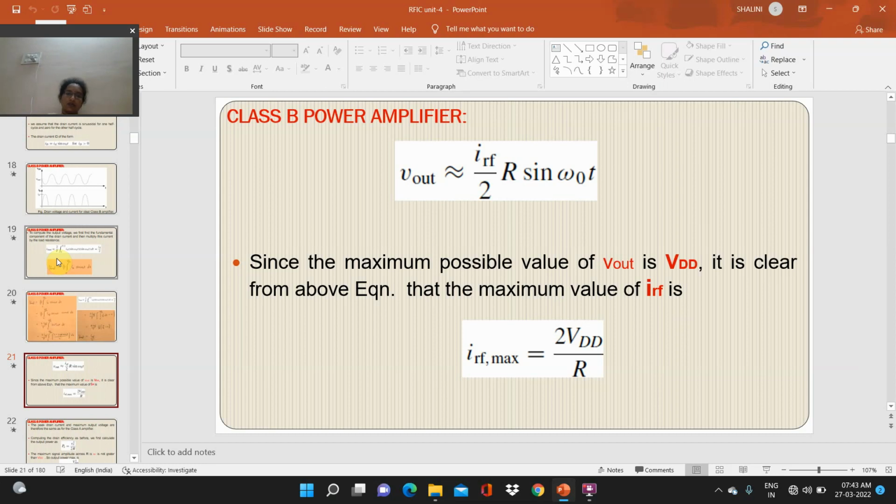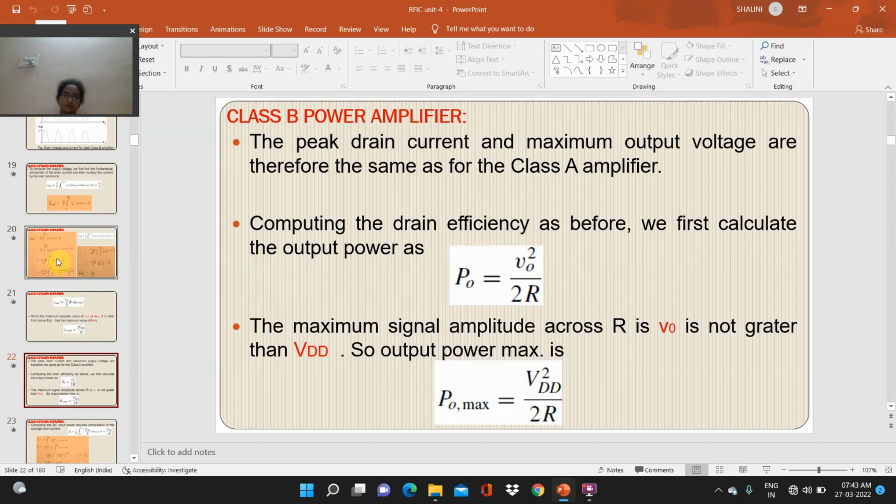Since the maximum possible value of V out is VDD, it is clear from the above equation that the maximum value of IRF is 2 VDD by R. The peak drain current and maximum output voltage are therefore the same as for the Class A amplifier.